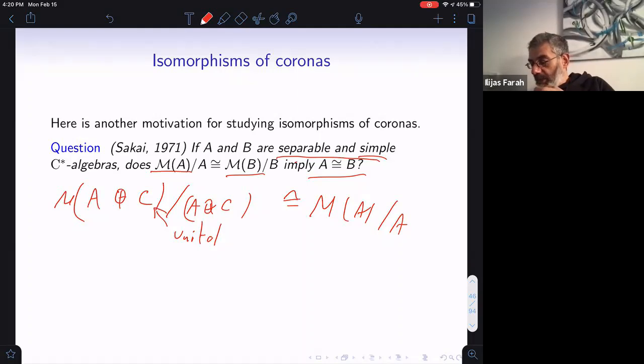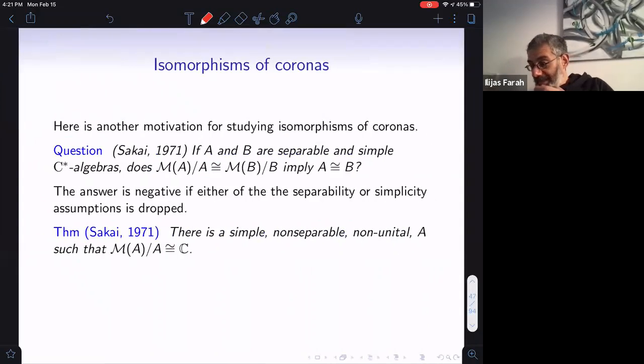Separability is a more interesting case. I proved a few classes ago that if you have the alpha power of a separable infinite dimensional C*-algebra, then its corona is non-separable. It has density character continuum. A very similar proof shows that the corona of a separable non-unital sigma-unital C*-algebra has density character continuum. But you need separability for that.